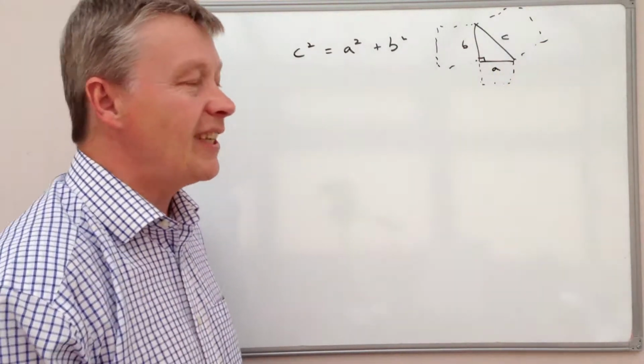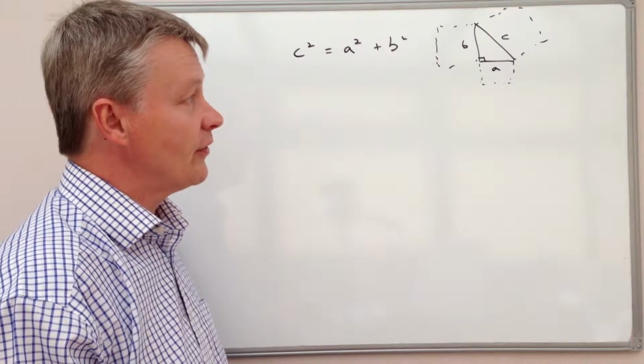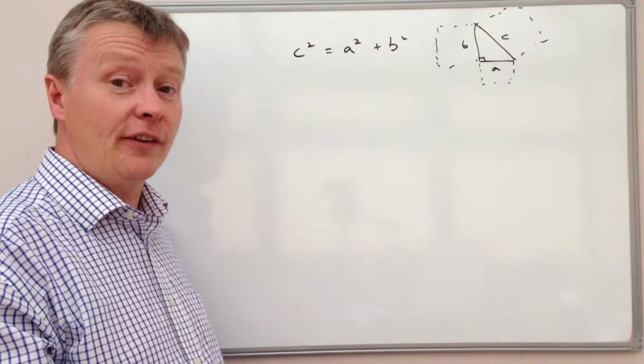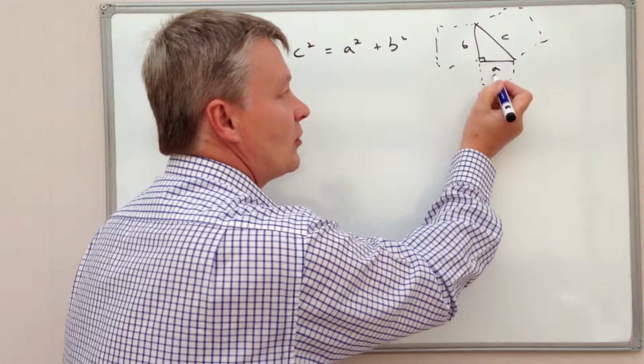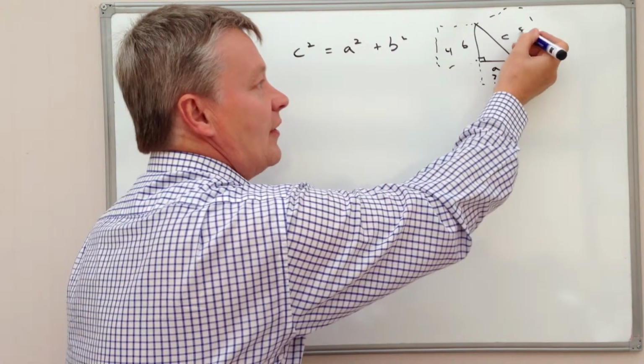So probably the easiest way of calculating it, and you can use a calculator to try these sorts of things, is if you use what they call a 3, 4, 5 triangle, so you say that that's 3, and that's 4 centimetres, and this is 5 centimetres.